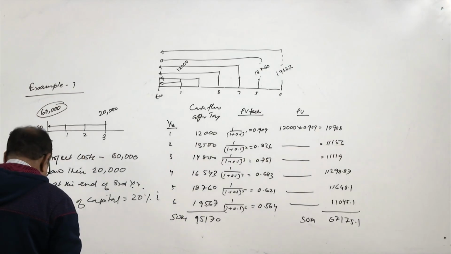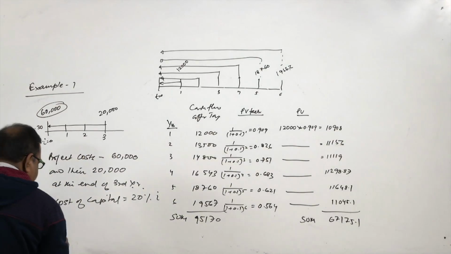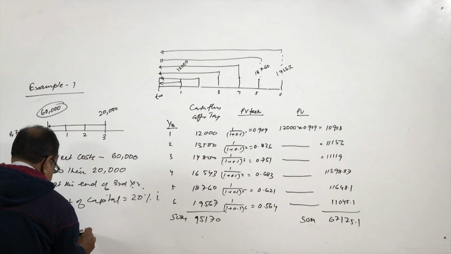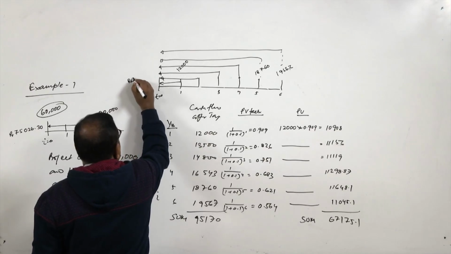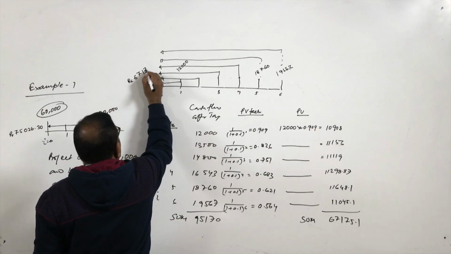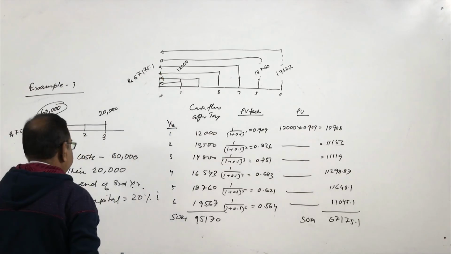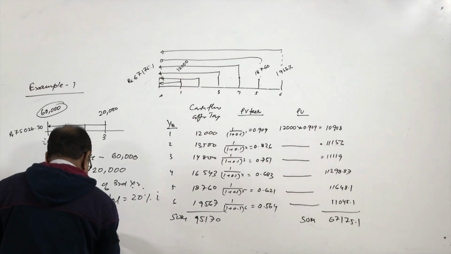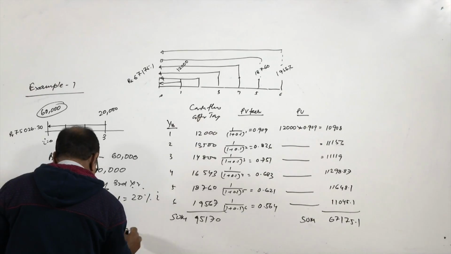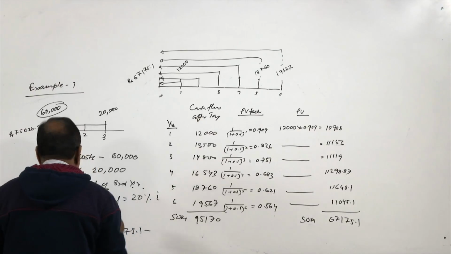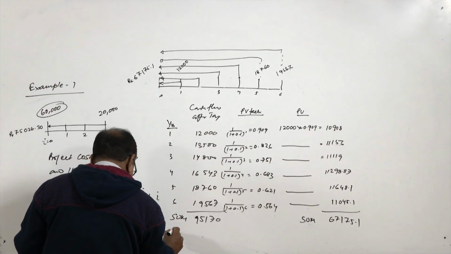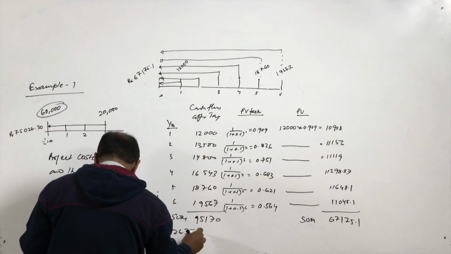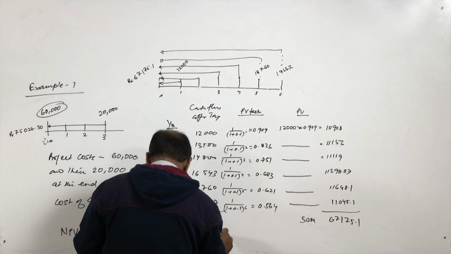Now, so NPV is equal to, so summation of all these things becomes rupees 67,175.1. So NPV is equal to 67,175.1 minus this value 75,026.30, this comes negative 7,851.2.